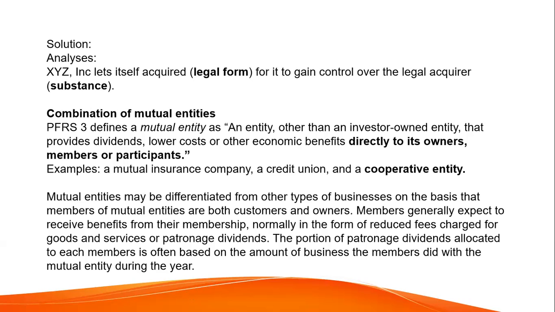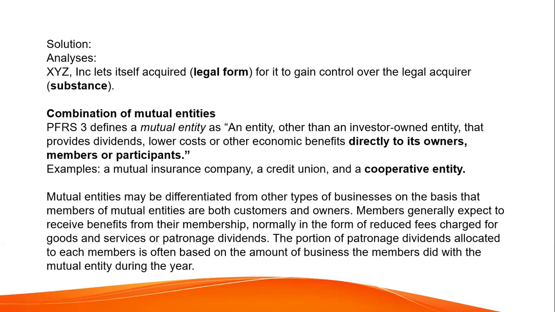XYZ shareholders would then own 8,000 of the 10,000 issued shares of XYZ, 80% of the combined entity, while ABC shareholders will own 2,000 of the 10,000 issued shares of XYZ, a 20% interest in the combined entity.